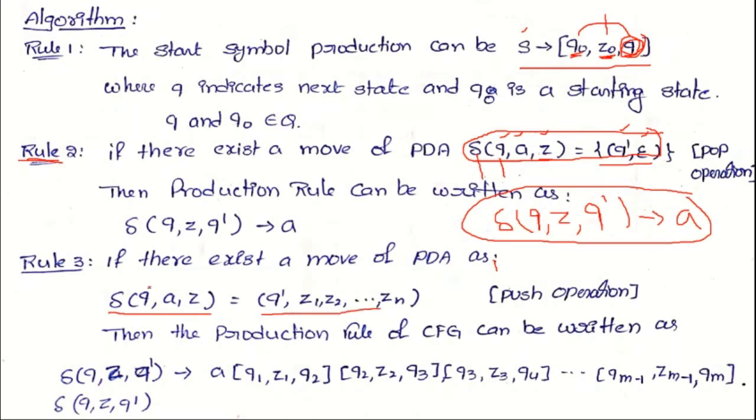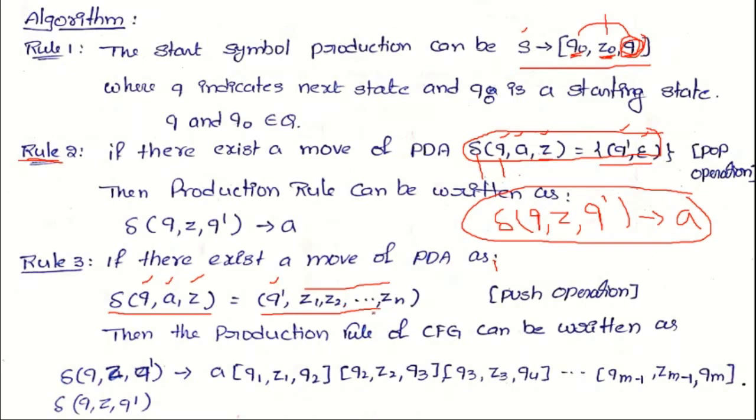Here q is the current state, a is the current input symbol and z is the current top of the stack. Then go to the next state q dash, which may be q naught, q1, q2, any one. The stack operation is a push of z1, z2 and so on zn. Some number of symbols will be pushed into the stack.